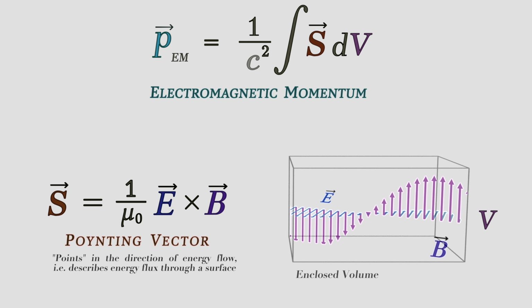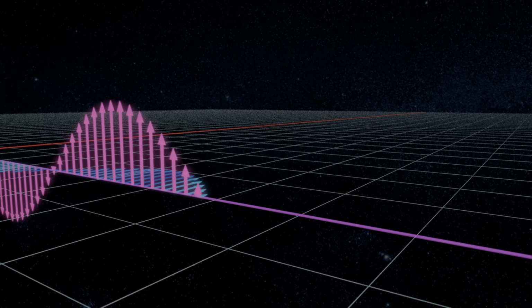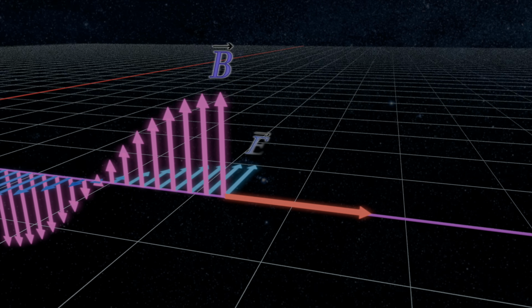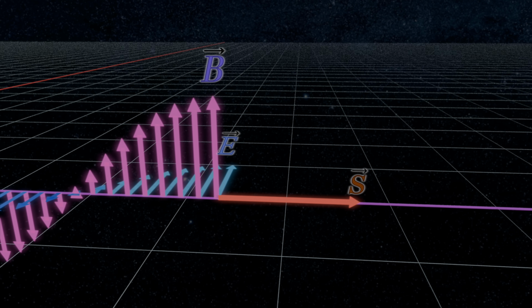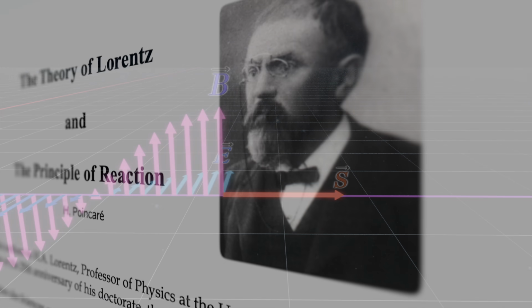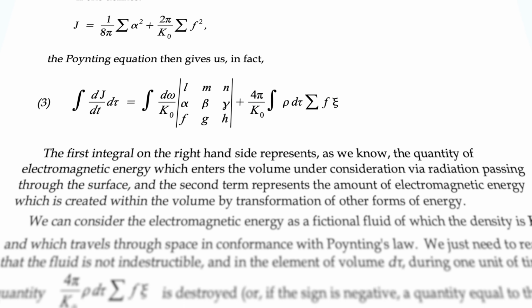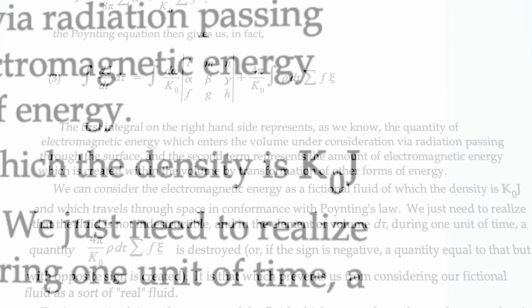Thus, it became clear that the momentum of the electromagnetic field was proportional to the strength of its electric and magnetic fields. A fact Poincaré subsequently exploited in order to achieve what would be the first explicit derivation of E equals mc².